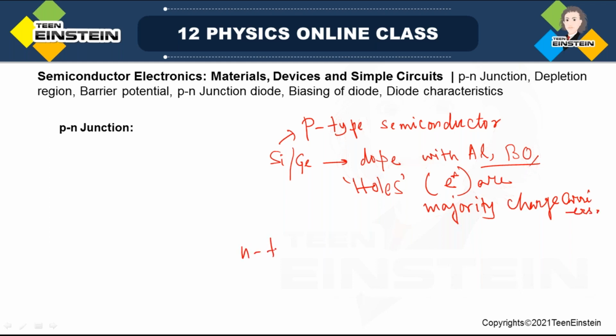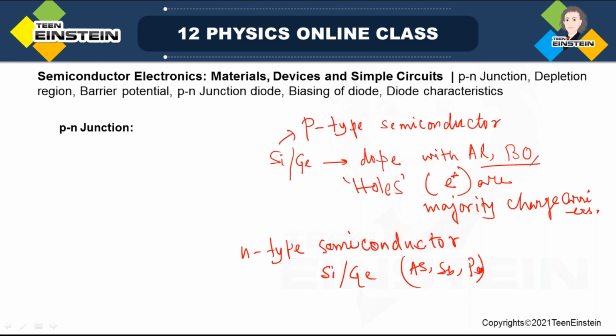And n is for n-type semiconductor. As I was mentioning, if you dope silicon or germanium with a pentavalent atom like arsenic, antimony, phosphorus, then you get n-type semiconductor.